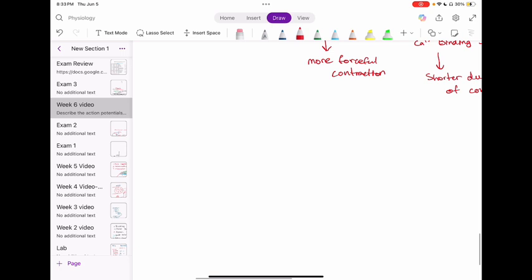So we have this other cycle that is very similar to the last one that we talked about. This one is called chronotropic. And this one has all to do with the increase of the heart rate. So, once again, we have beta-1 receptors being stimulated.